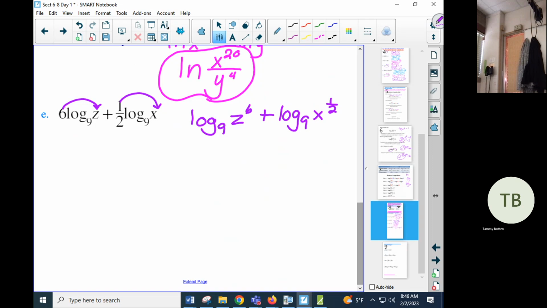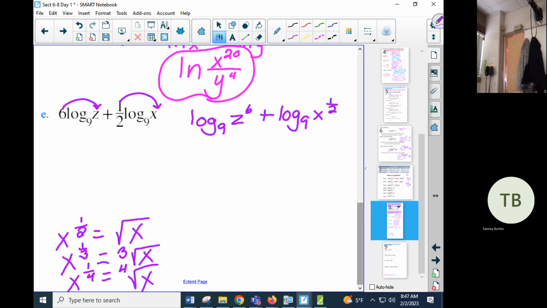So if you ever get something to the 1/2 power, you're going to write it as the square root of x. You could add this to that cheat sheet if you think you wouldn't remember it. If you get x to the 1/3 power, you'd write it as the cube root of x. If you get x to the 1/4 power, you'd write it as the 4th root of x, and so on.